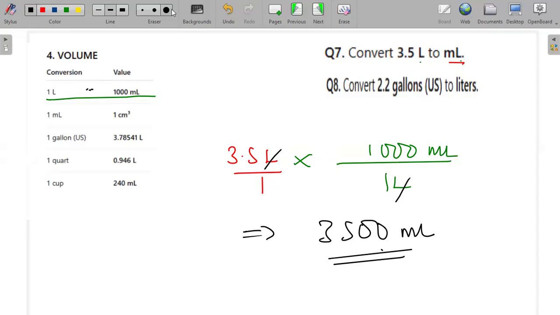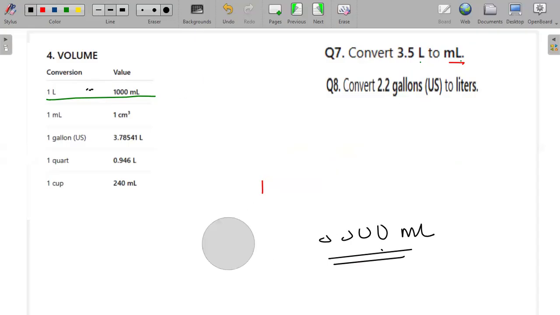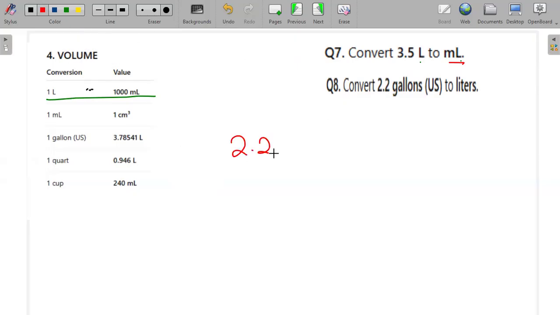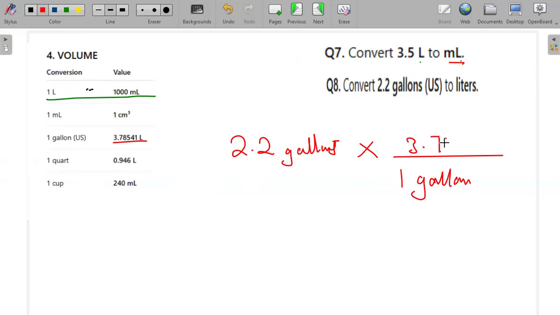Okay, what about question 8? They're saying convert 2.2 gallons into liters. So I'll say multiplied by, so 1 gallon is equivalent to these liters, 3.78541. So I'll say divide by 1, cancel out the gallons. So I just remain with the 2.2 multiplied by this guy.